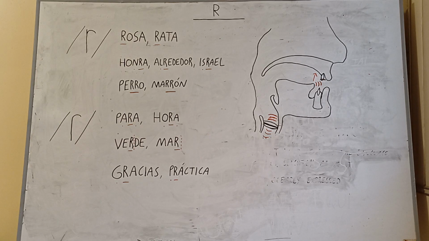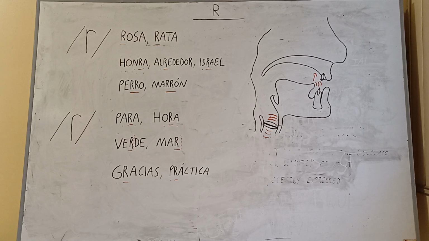The second case, we produce the tapped r sound when the letter R is at the end of a syllable. Pay attention, at the end of a syllable. It doesn't matter if the next syllable starts with a vowel or consonant.